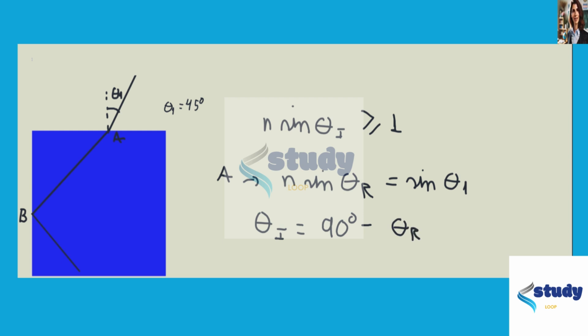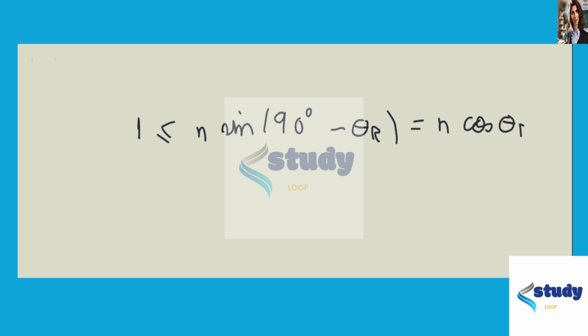So we can use this relation in the inequality. You get that 1 must be greater than or equal to n sine of 90 degrees minus theta refracted. This is equal to n cosine of theta refracted.